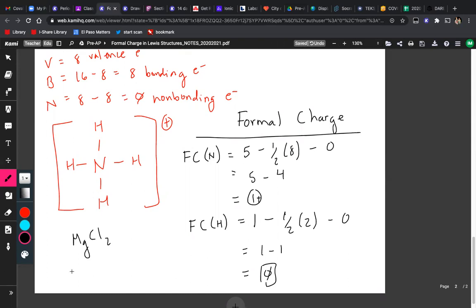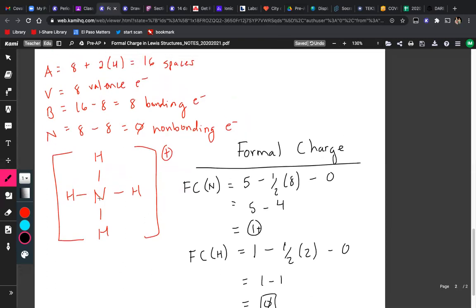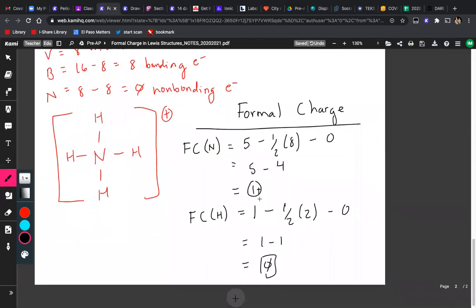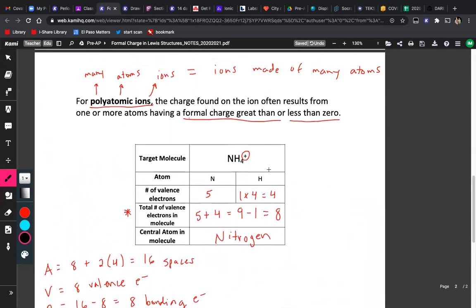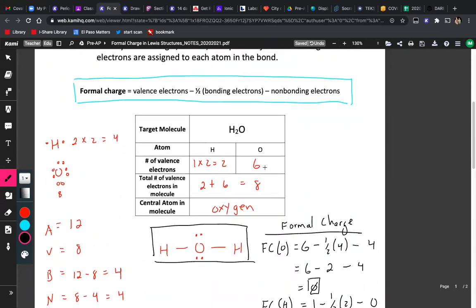It could end up being something along the lines of (NH4)2O. So that's why we're going over this. You need to understand where the charge is coming from, where it's located, and why. I hope these notes were succinct enough to make sense of formal charge.